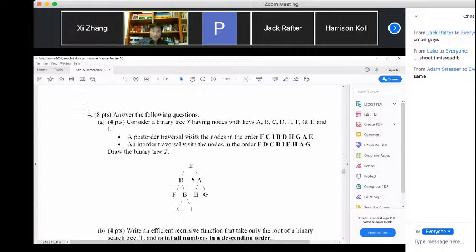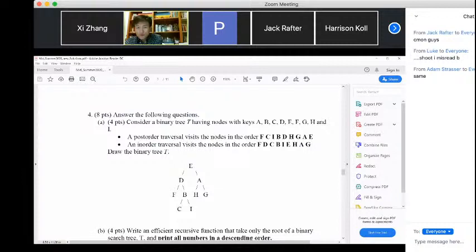This one, does anybody have a question for this problem? I think maybe 2/3 of the class have the answer, but maybe 1/3, maybe 1/2 didn't have the answer. Maybe I quickly discuss this.